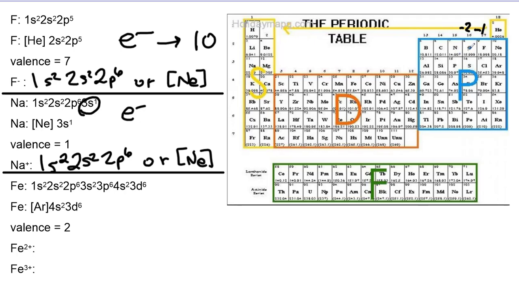So when it forms that -2 charge, it gains 2 electrons and also has a configuration like neon. Magnesium is in the +2 column, which means it gives away 2 electrons. So magnesium giving away 2 electrons is also like neon. So anything that's going to form an ion that ends up having 10 electrons total will have the same overall electron configuration.